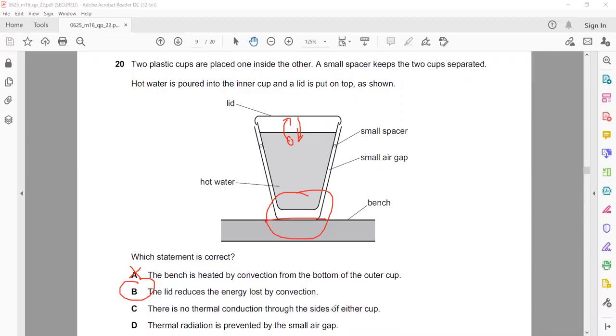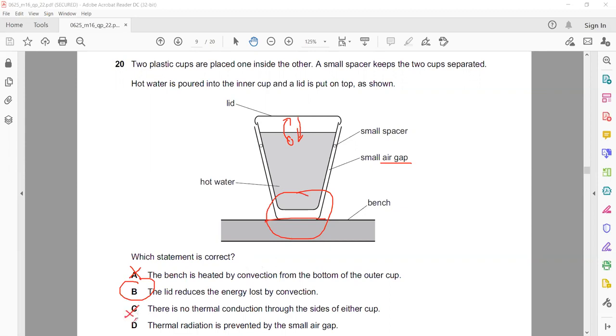There is no thermal conduction through the sides of either cup? The conduction is there because there is air present. Thermal radiation is prevented by the air gap? Radiation can travel through a vacuum even, so air does not prevent it.